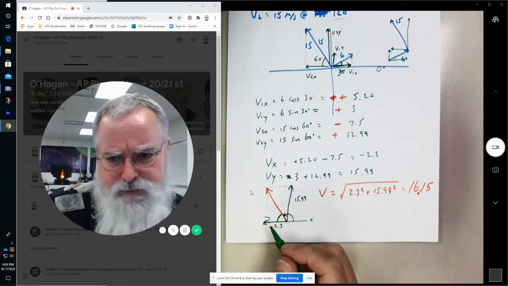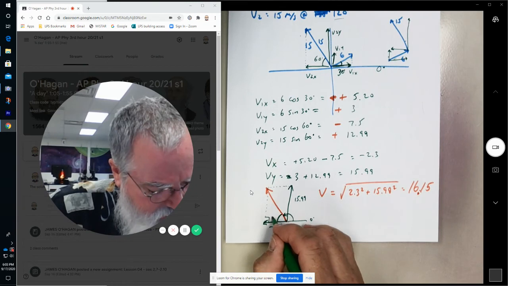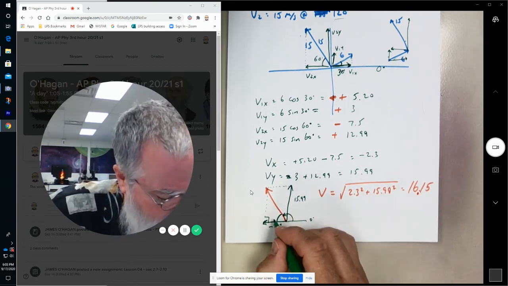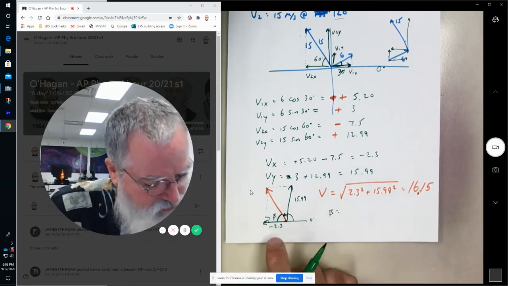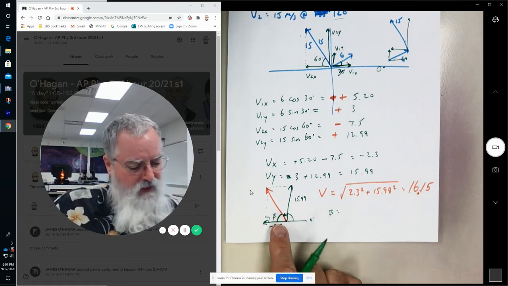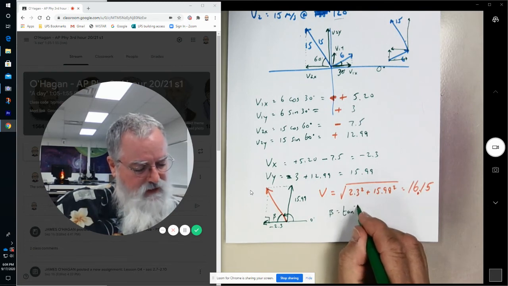So should I call this something different? I don't know what to call it. Whatever. Okay. I'll call that beta. All right. Beta equals, so I'm looking for the angle. That's going to be a tangent thing, right? Inverse tangent of the opposite.